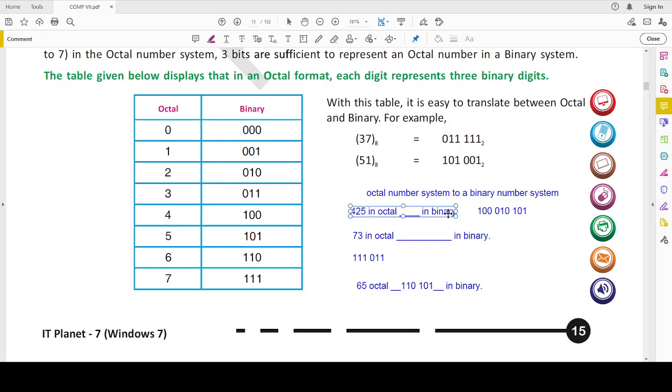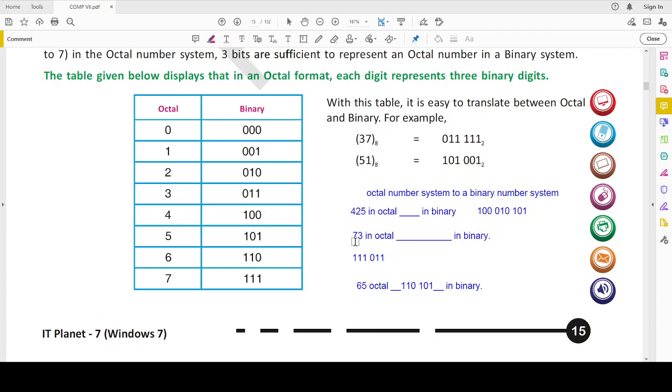If the question is like this, what will be your answer? Your answer will be 100 for 4, 010 for 2, and 101 for 5. But you will not say it like this. That is your calculation. You have to write it all together, right? 100, 010, 101.